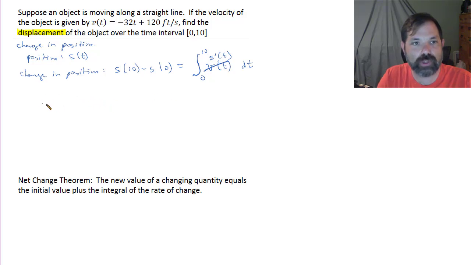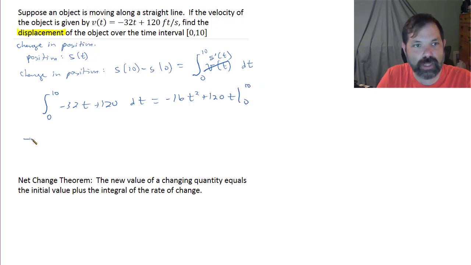So what we would do is evaluate the integral from 0 to 10 of negative 32t plus 120 dt, and so that would be negative 16t squared plus 120t from 0 to 10. All right, substituting 10, that would be negative 16 times 100 plus 120 times 10.